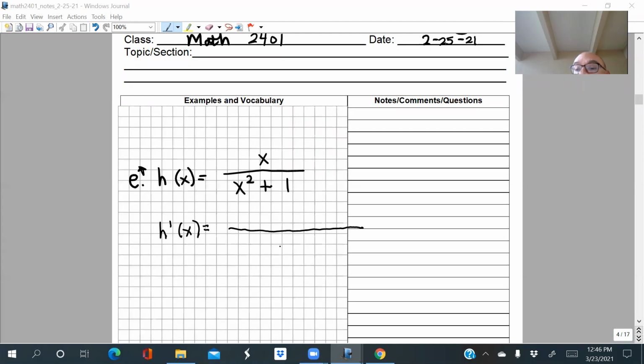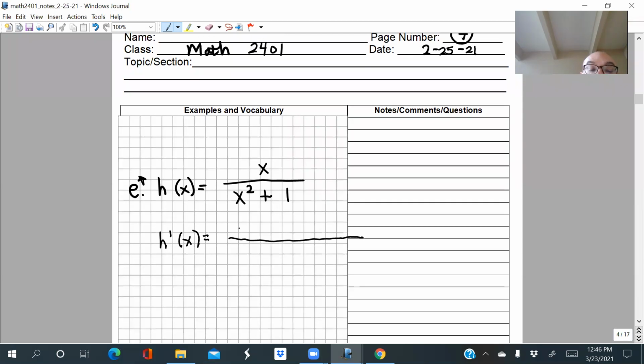According to the quotient rule, Saad. Remember what the quotient rule says? So first, you take the derivative of the top one, which is x, and the derivative of x is 1.